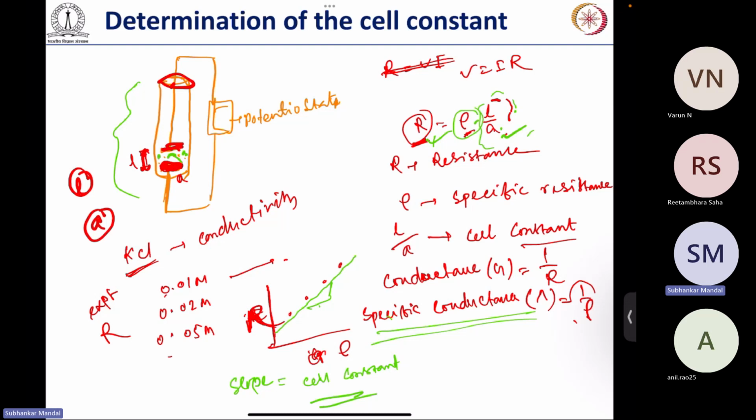For this, we take a standard solution like different concentrations of KCl, whose conductivity value we know, and you can plot R versus rho and get the cell constant from there. So those things we have discussed in detail.